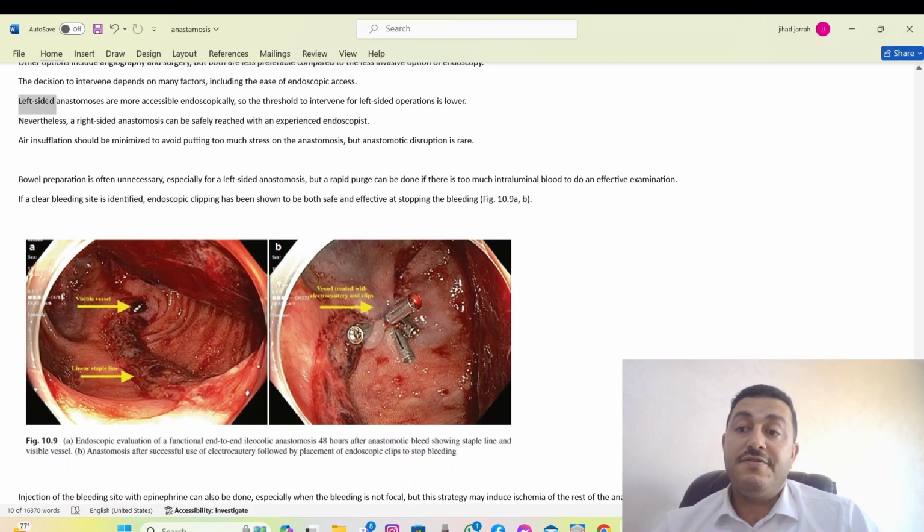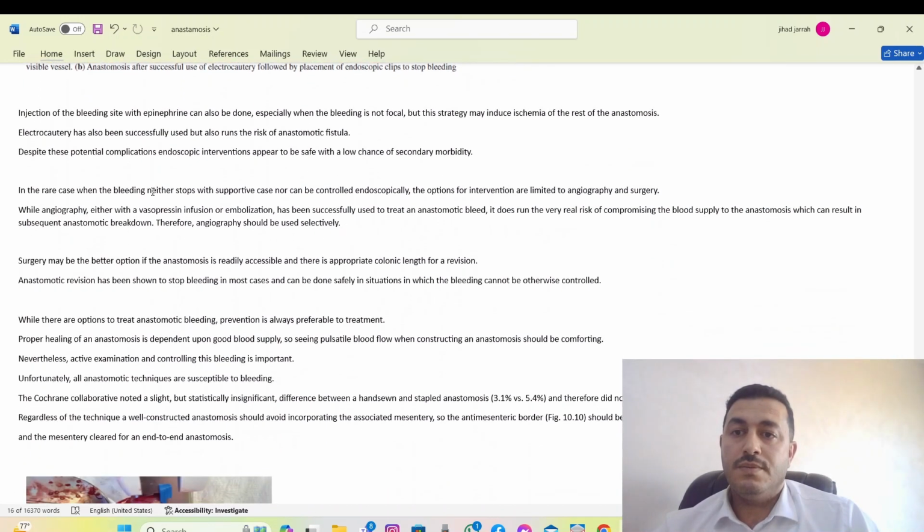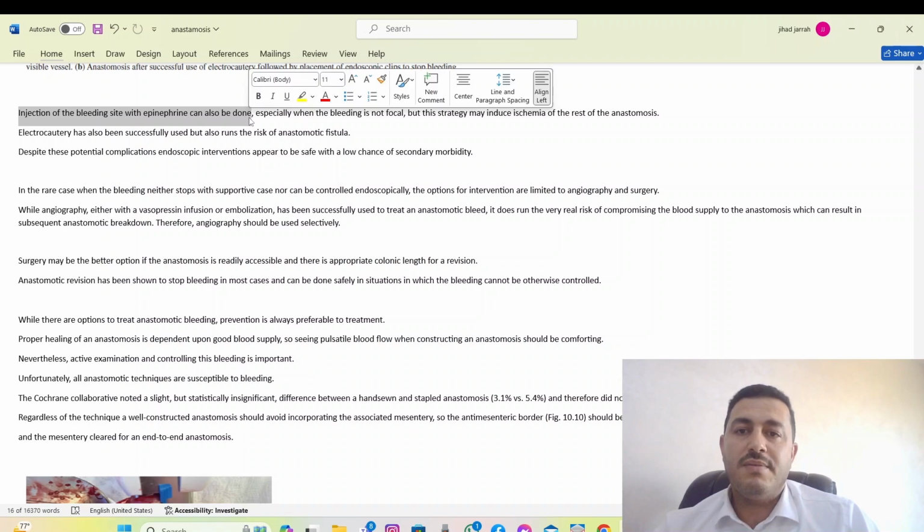As we said, left-sided anastomotic bleeding is more accessible, so the threshold to intervene is lower. As we said again, injection of the bleeding with epinephrine can be done, but it carries the risk of ischemia.